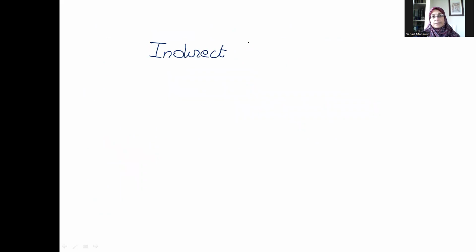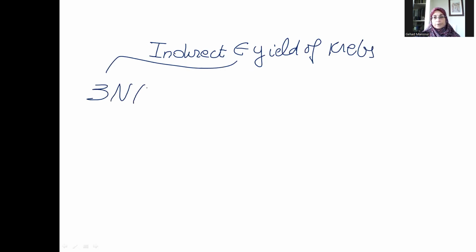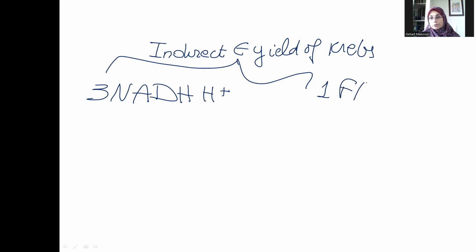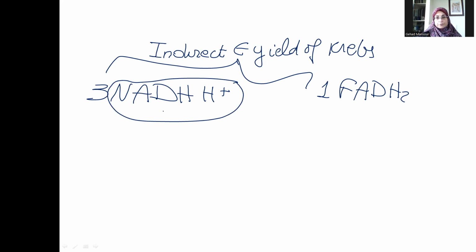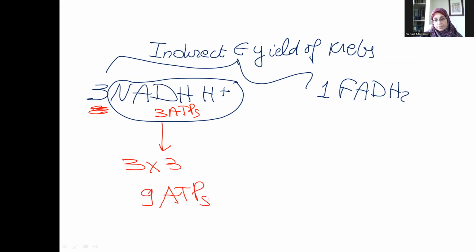So if you have 3 molecules of reduced NAD and you have 1 molecule of reduced FAD, and if you know that every molecule of reduced NAD will give you 3 ATPs along the electron transfer chain, then the total energy yield of those 3 reduced NAD molecules will be 3 by 3 or 9 ATP molecules.